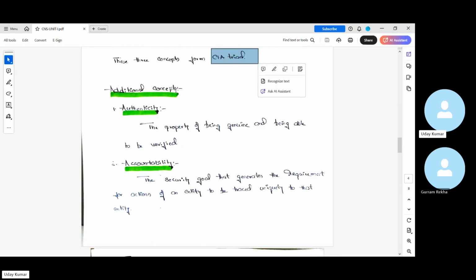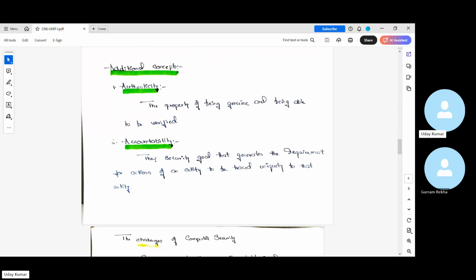The additional concepts are authenticity and accountability. Authenticity is the property of being genuine and being able to be verified. Accountability is the security goal that generates the requirement for actions of an entity to be traced uniquely to that entity.